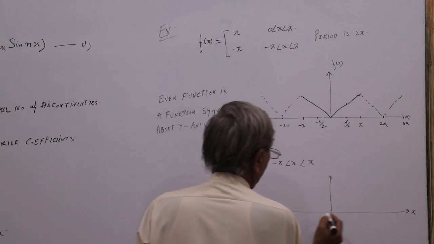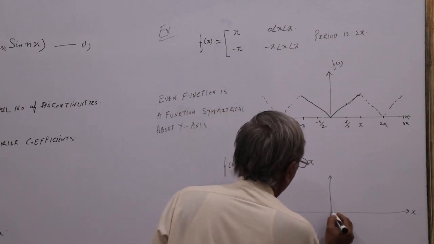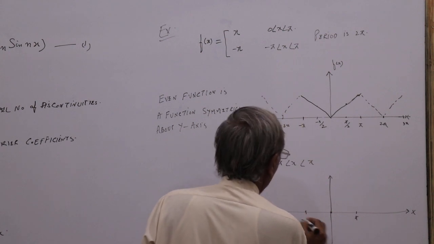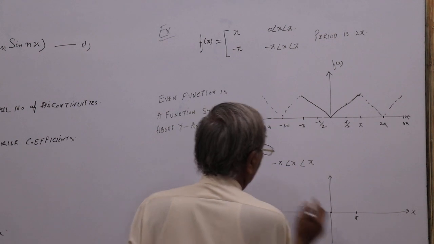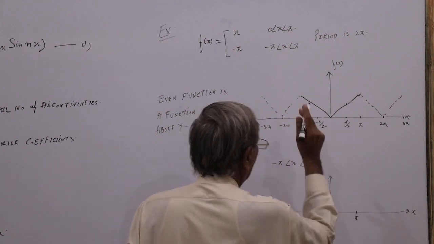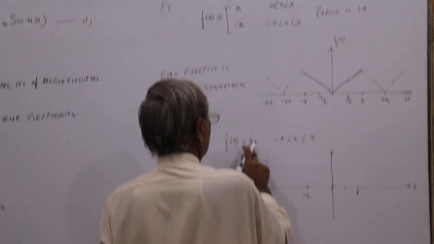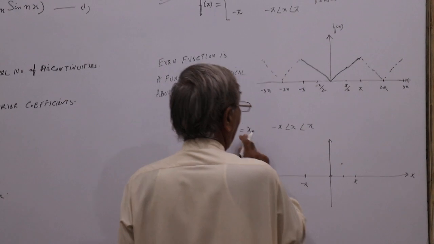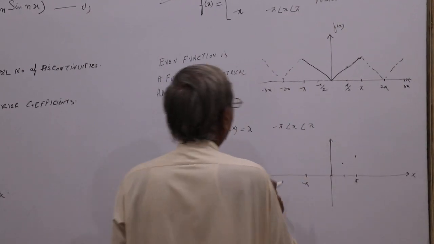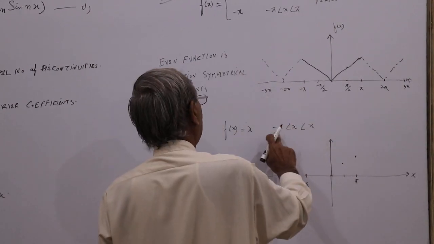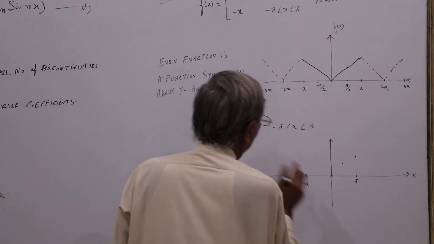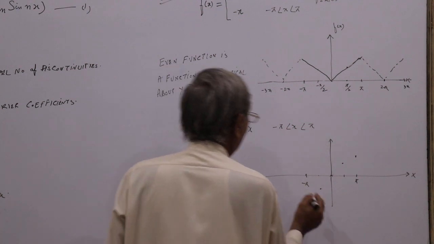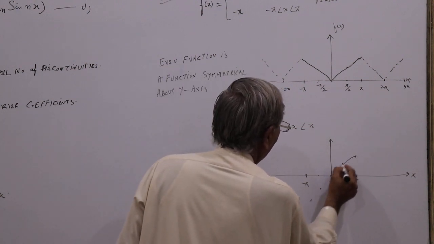Starting with x equal to 0 up to pi and then up to minus pi: when x is 0, f(x) is 0. When x is plus pi by 2, it is plus pi by 2. When it is plus pi, it is plus pi. When x is minus pi by 2, f(x) is minus pi by 2. And when it is minus pi, this is minus pi, and the graph is like that.